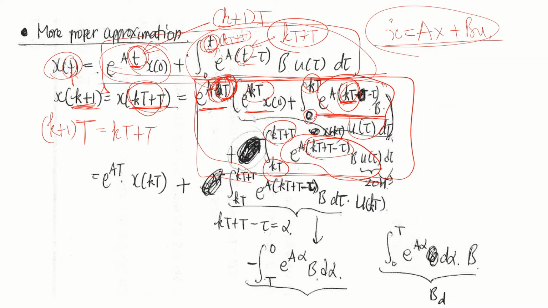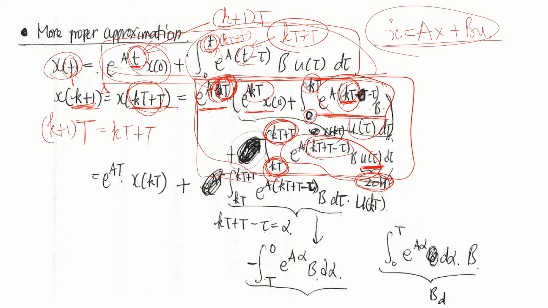And then what happens here is to apply the zero-order hold for this u. During this time interval of kT plus T, we assume that this u, the control input, is constant.